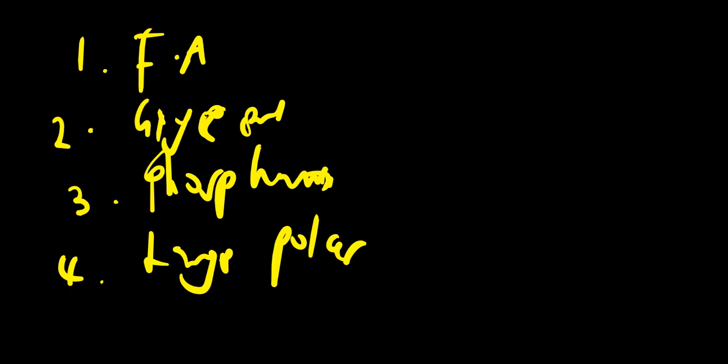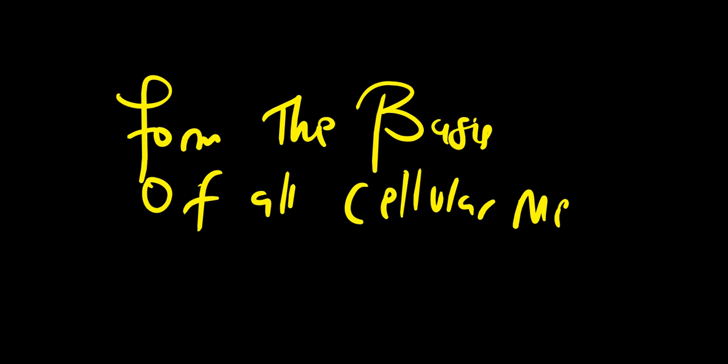Now one thing that you should know about phospholipids is they form the basis of all cellular membranes. Now this is very important, for it to have the cell membranes like that.